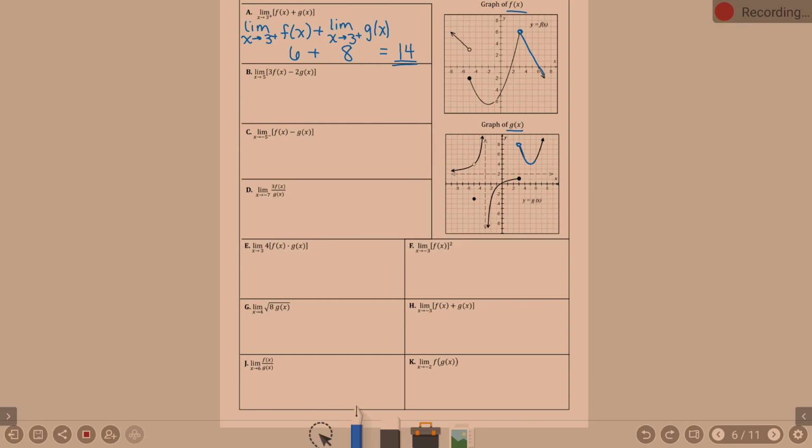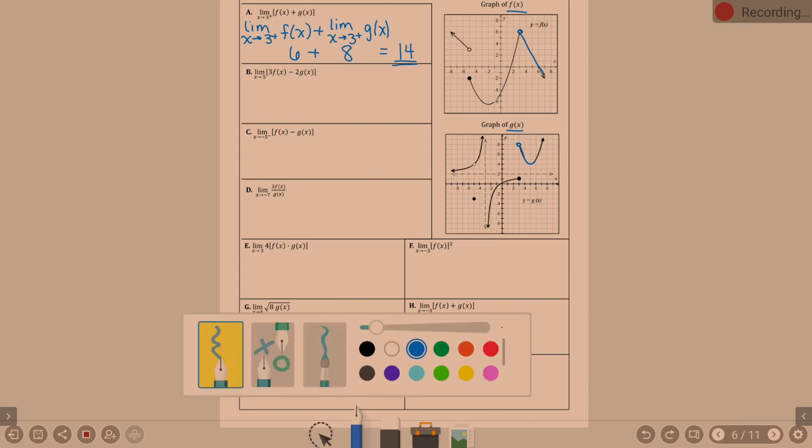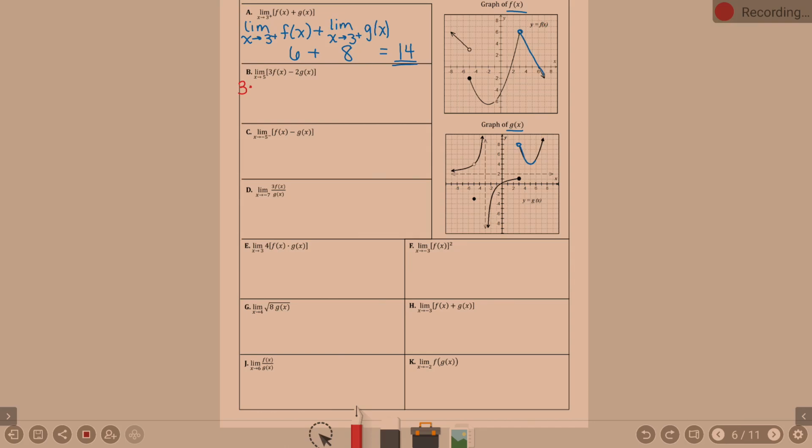Now, B is very similar. We can use the sum or difference rule again and split it into two limits, but there are also coefficients there. Did they use the word coefficient rule? Yeah. So I can also take the coefficients out front. I'm going to write this as 3 times the limit as x approaches 5 of f of x.